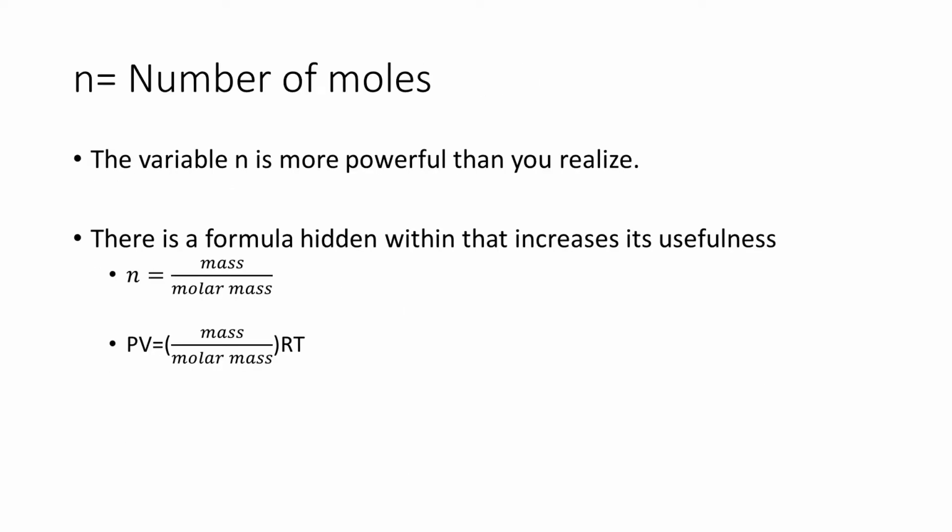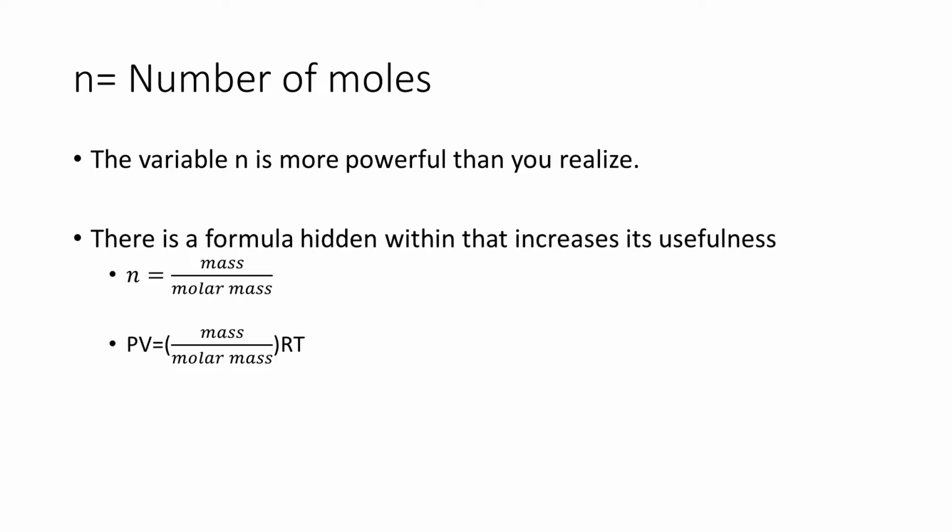We need to discuss the number of moles variable because this is a pretty important variable and also new with the ideal gas law. And it just represents the number of moles, but it's far more powerful than you may realize. There's a formula hidden within that. If you go back to our basic mole conversions, we know that moles is equal to the mass of the substance divided by the molar mass of the substance.